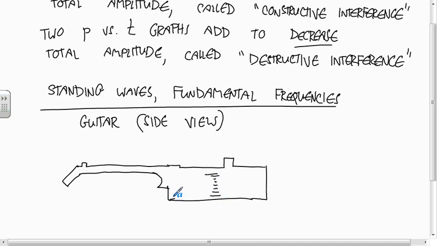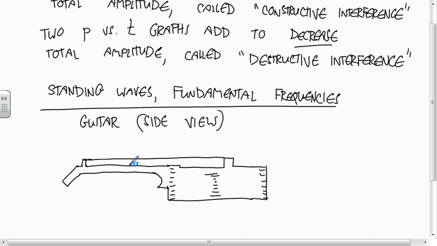And the string goes from here to here. This would be a really hard guitar to play, but move that up a little bit. Okay, so there's the string, it attaches down here and it attaches here. And when you pluck a guitar string, waves form in the string.